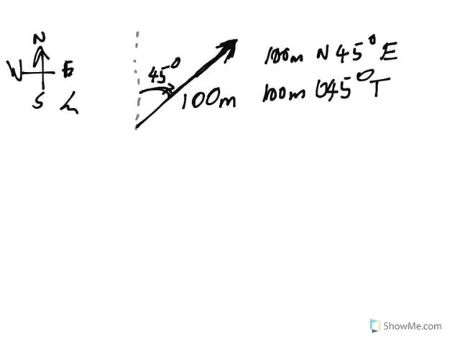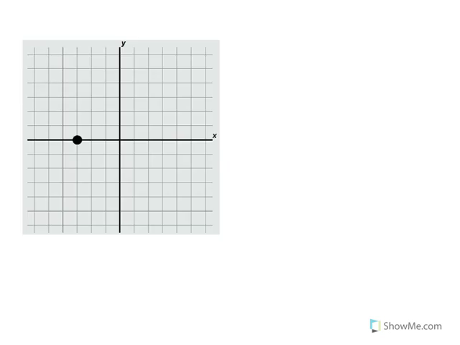There are other ways, and we can represent vectors as ordered pairs, for example. I've got a Cartesian plane like this, and I can draw a vector here. It goes from there to there. So that's that vector there.